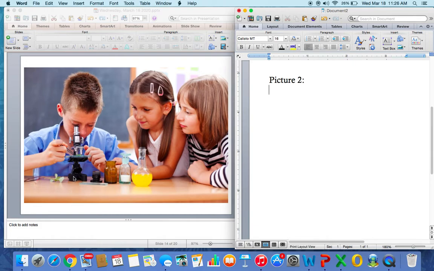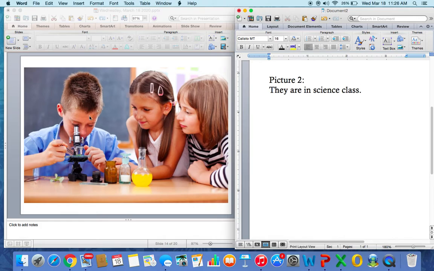This is a microscope. So it looks like they are in a science class because this is something you would do in science. So remember, we learned about that yesterday. Science. So we can write, they are in science class.